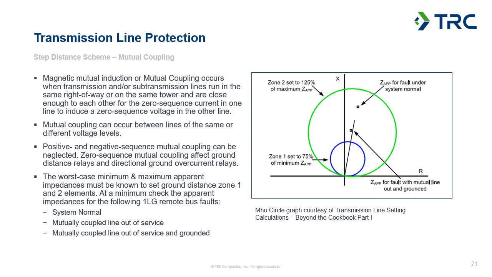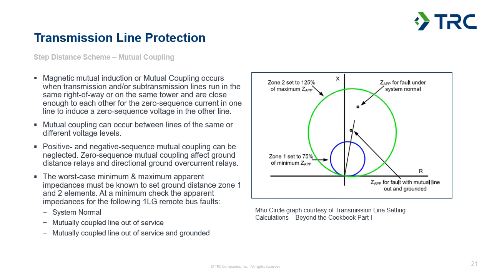And this can occur with lines on the same or different voltage magnitudes. In general, positive sequence and negative sequence mutual coupling can be neglected. Zero sequence mutual coupling affects ground distance elements and ground overcurrent relays, and is a much bigger concern than the positive and negative sequence, where those are balanced phasors. They kind of cancel the effects out between the phases.